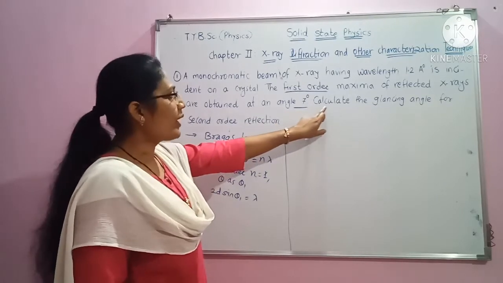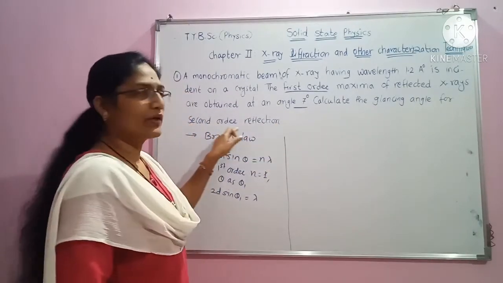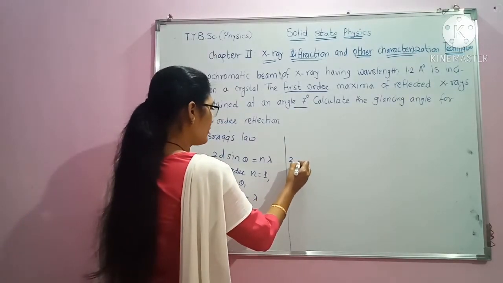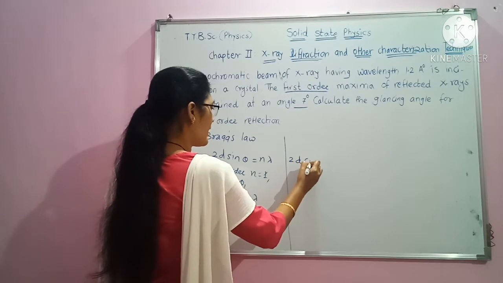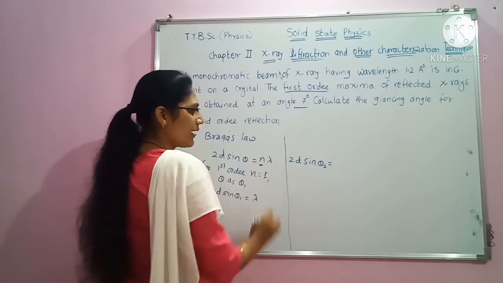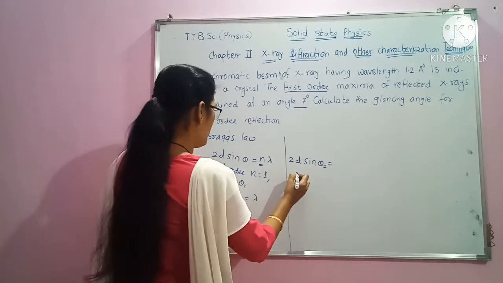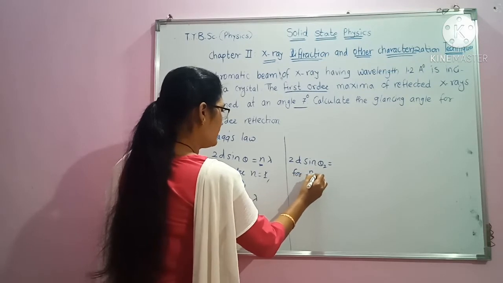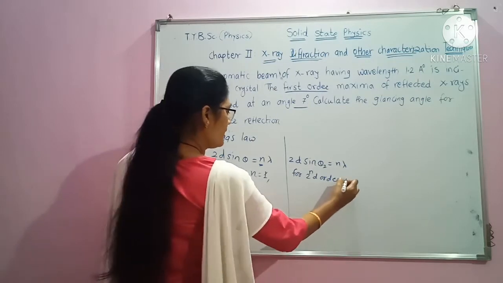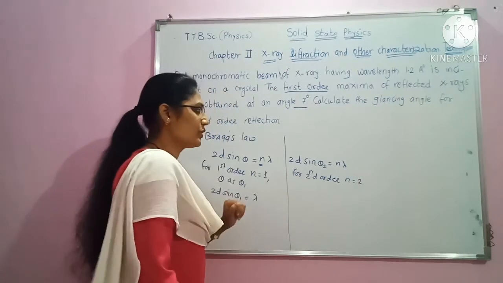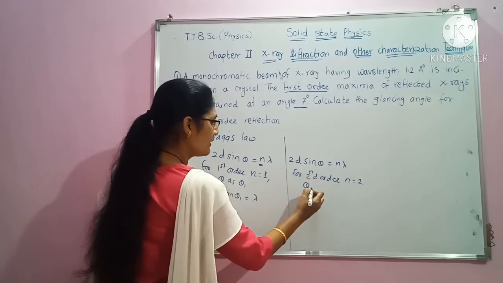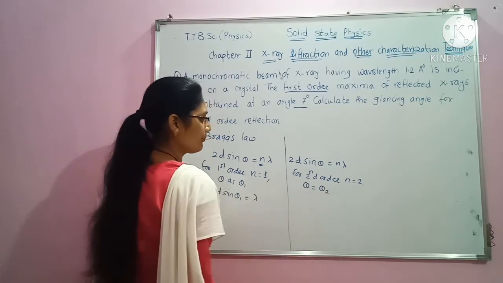Now we have to calculate the glancing angle for second order reflection. For second order reflection, our formula becomes Bragg's law, 2d sin theta 2 is equal to n lambda, where for second order n is equal to 2. Suppose theta is theta 2.